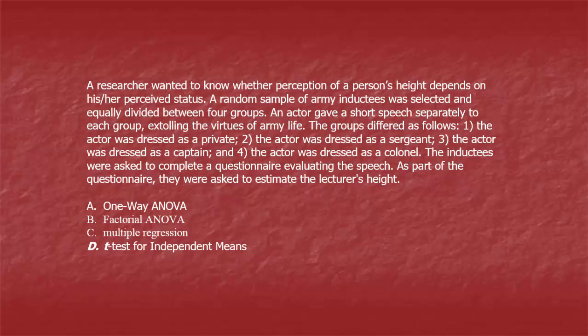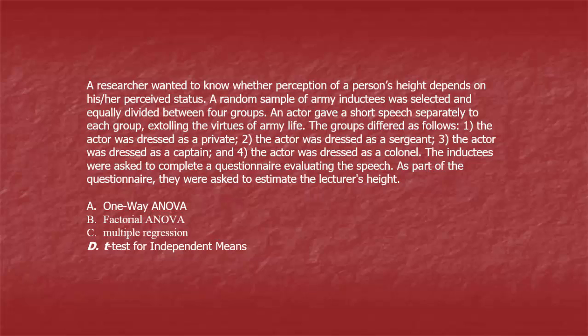So they're manipulating their rank or status to see if that affects how tall the person is perceived to be. So we have a predictor variable, and it's going to be ordinal here, or categorical. We have 4 categories. They're either dressed as private, sergeant, captain, or colonel. And then the estimate of the height, that's going to be a continuous variable.